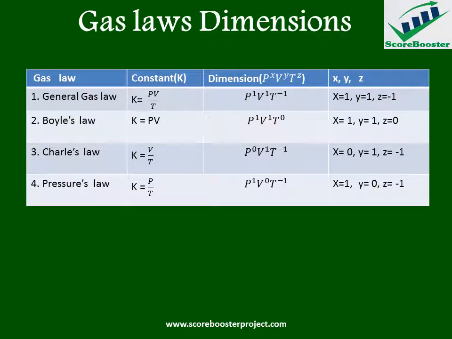Now on to the gas law dimension. Here is a table to summarize the dimension of the various gas laws, and I shall be starting with the general gas equation.